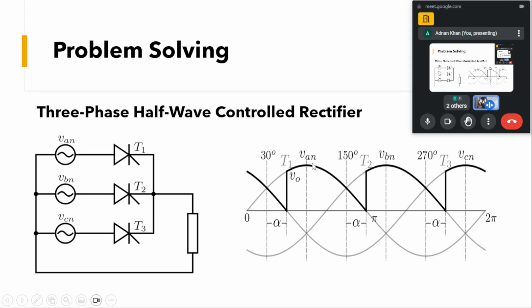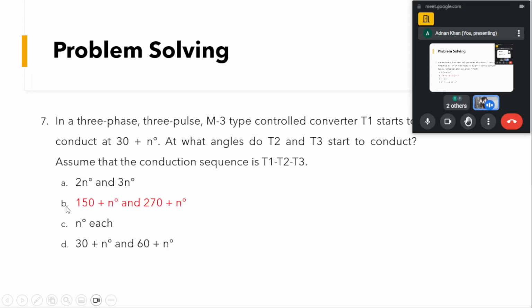At 150 degree would have been the point of natural commutation for T2 had it been triggered at that moment, but because in a half controlled rectifier it will be triggered at an angle plus alpha degree, the point of conduction will be from 150 degree plus alpha, and similarly for T3 it will be from 270 degree plus alpha. So the answer to this question will be B, 150 degree plus n degrees and 270 degree plus n degrees.